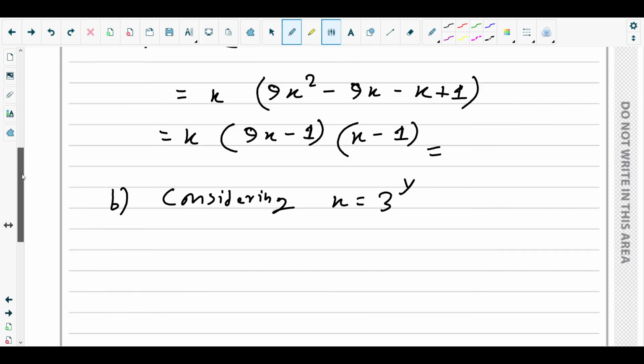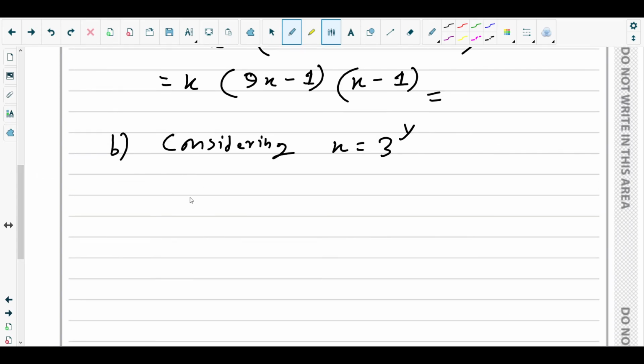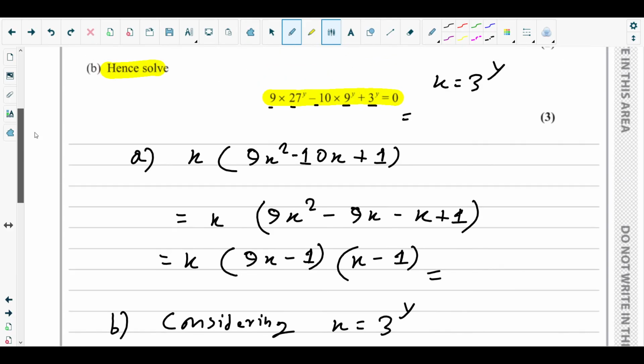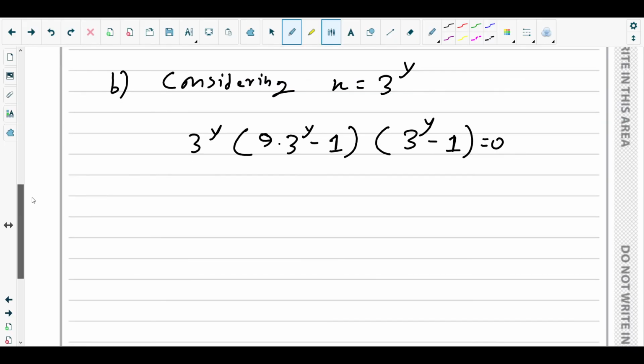What can we write? 3 to the power y times (9 times 3 to the power y minus 1) times (3 to the power y minus 1) equals 0. So we need to get the value of y.